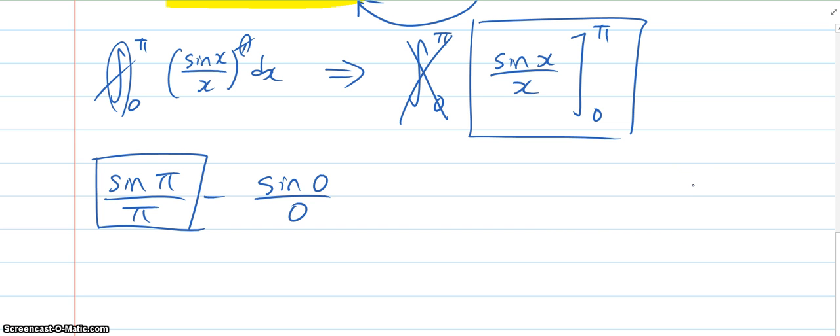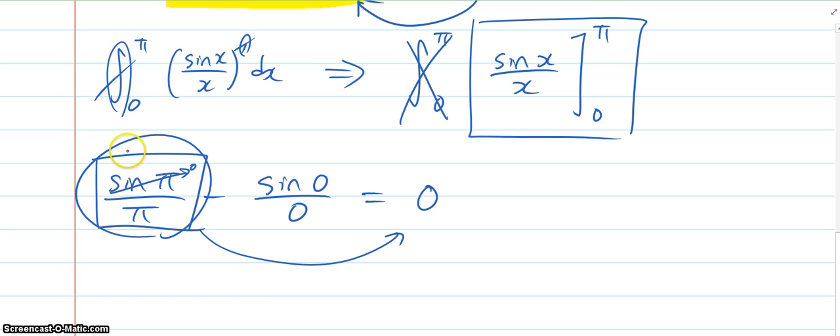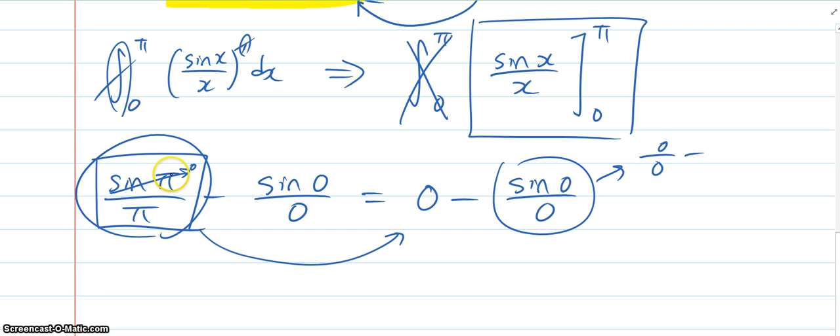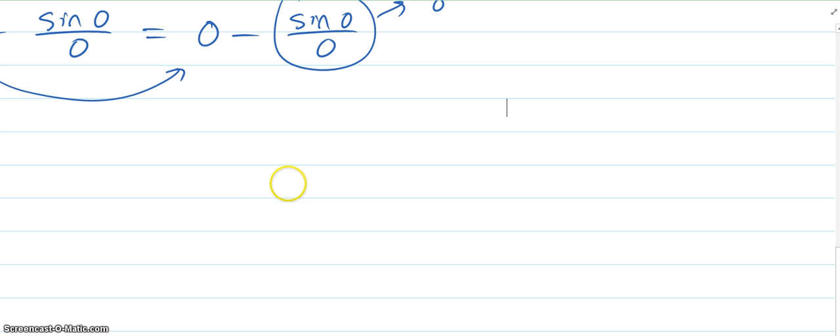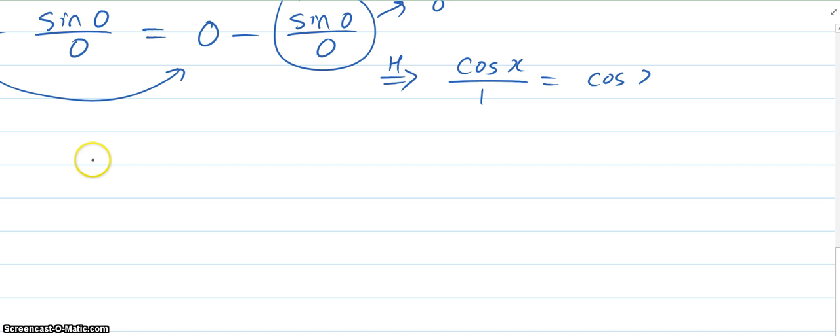Now actually sine pi goes to 0, so the first term here will end up being 0, but sine 0 over 0 is 0 over 0, which is an indeterminate form. So actually we can use L'Hopital's rule and make it into cosine x over the derivative of x, which is 1, so it ends up being cosine x.